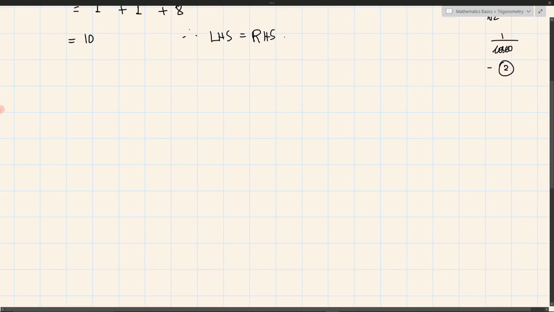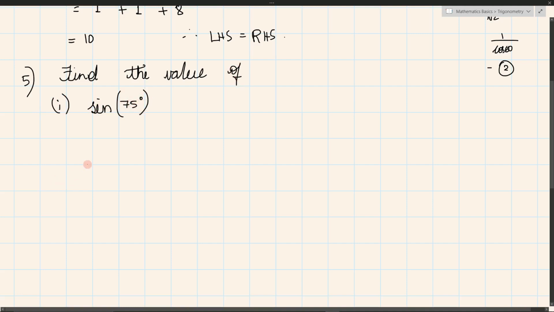So we have question number 5. We have to find the value of the first one, sin of 75 degrees. So we can write this as a combination of two known values.